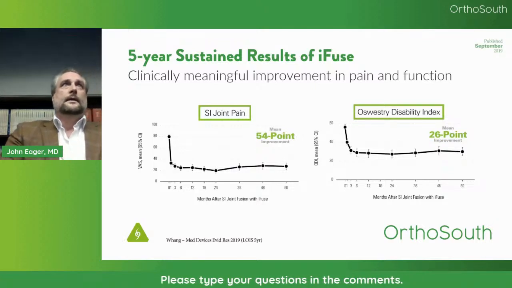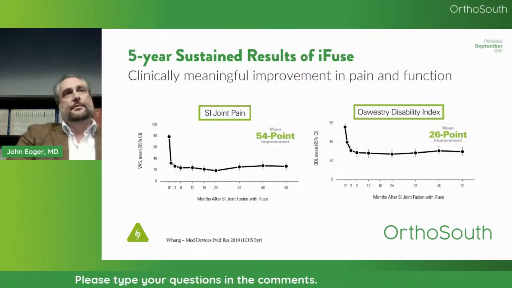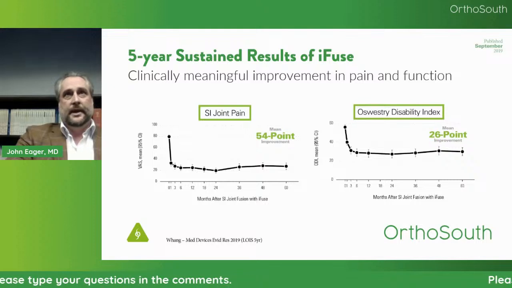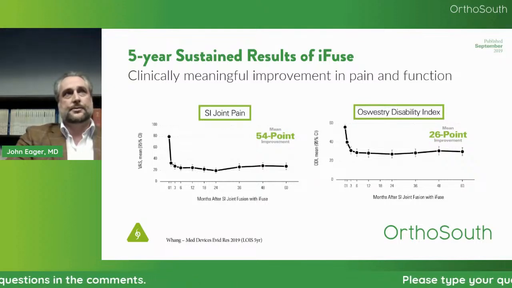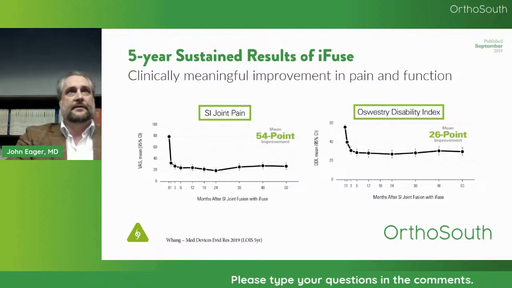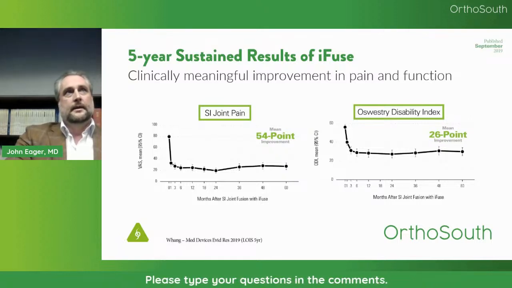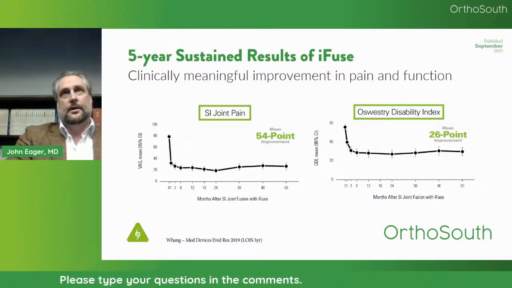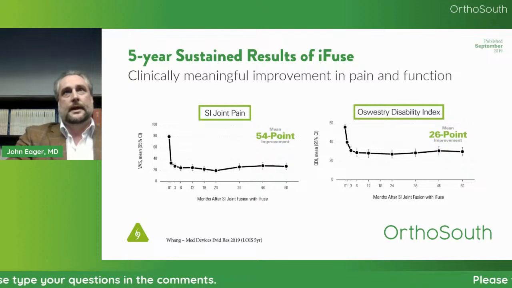Again, another study, 5 years, sustained results. You can see the SI joint pain as rated by the patient, and the ODI, a mean 54-point improvement in the VAS visual analog scale, and 26-point improvement in the Oswestry Disability Index.